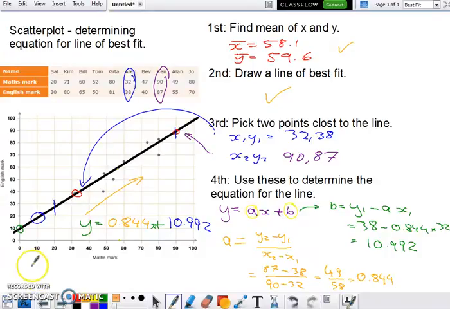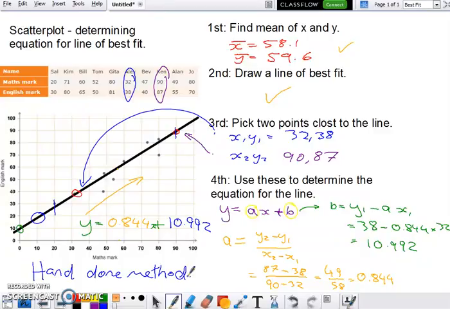Now, that is the hand done method. Some of the issues with the hand done method are that you've picked 2 points that are closest to a line of best fit, not necessarily on the point.